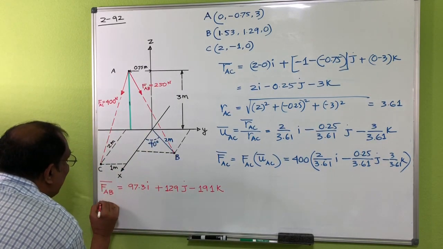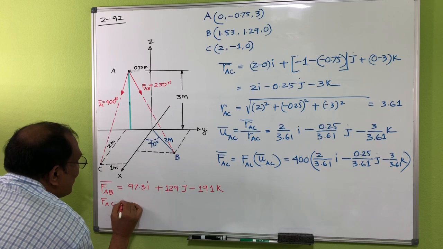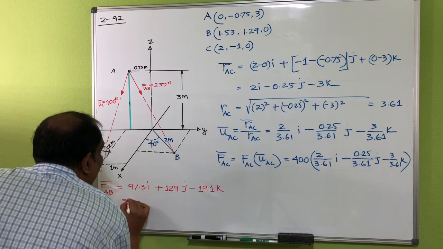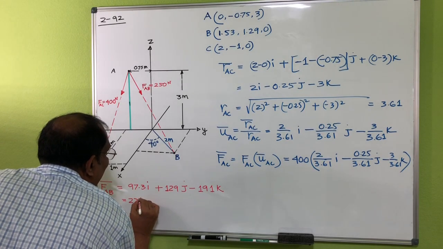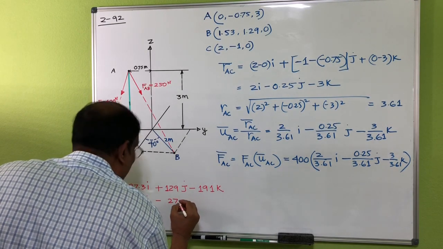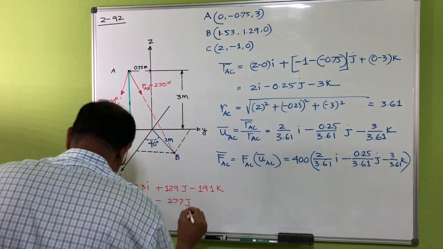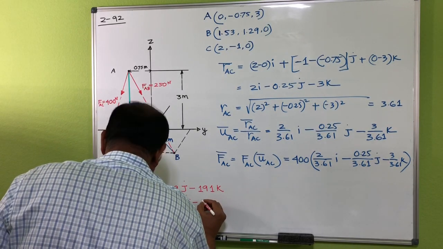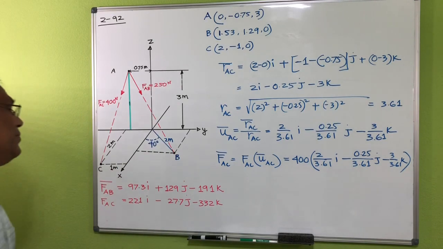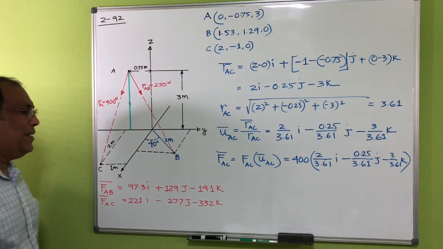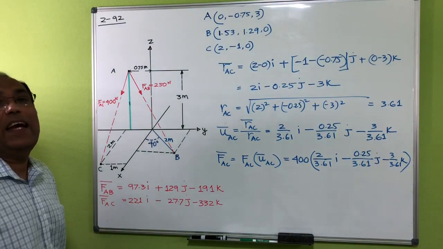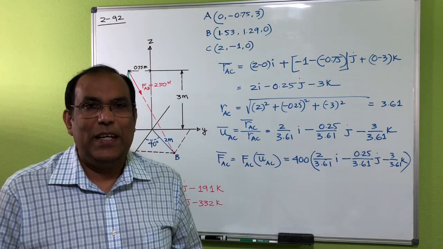So FAC is basically 221I minus 27.7 J minus 332 K. So now if I want to find out the resultant of these two vectors, then basically I have to just add the I term, J term, and K term, right?